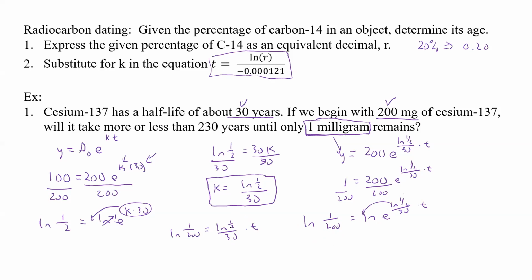Now I'm just going to divide both sides by this ln of 1/2 over 30. And so that all cancels. And now I plug all that into my calculator. And I find out, to get to the 1 milligram, t is equal to 229.315 years. Okay, so that's how long it's going to take to go from 200 milligrams to 1 milligram.